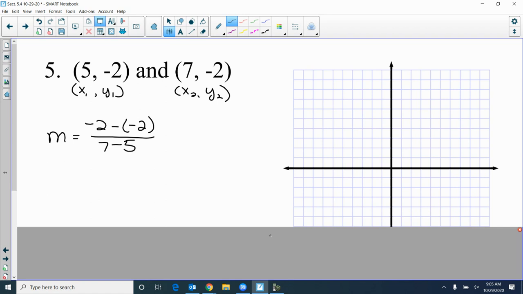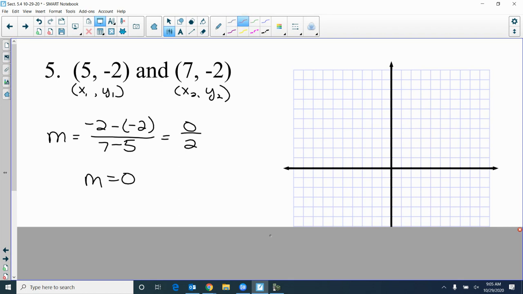What is -2 minus -2? It is 0, because it becomes -2 plus 2, which is 0. Now 7 minus 5 is 2. All right, one little thing here is you cannot leave that as your final answer. It is 0, just a 0. So you would say m equals 0.